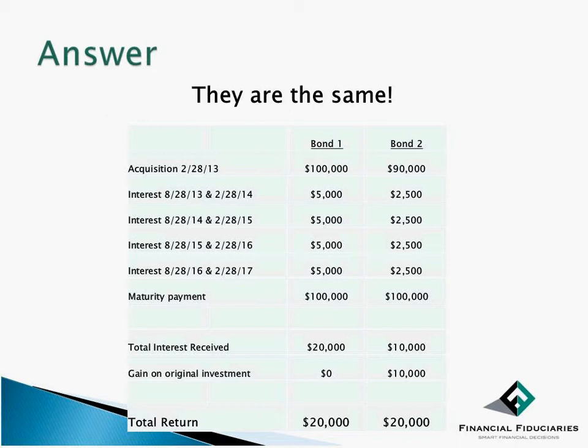We made $20,000 on both investments. So essentially, their yield to maturity is the same. So you can see here that the pricing adjusted to reflect the interest rate on the bond that the bond is paying can have bonds that provide the same yields regardless of the price that you paid.